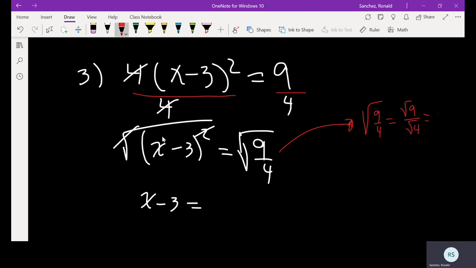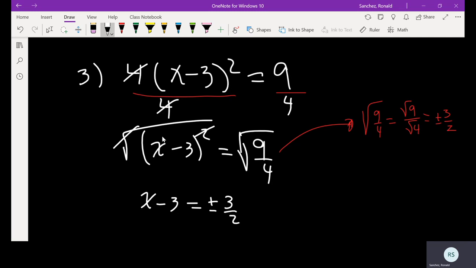The square root of 4 is plus or minus 2. So this is positive 3 divided by 2. So our answer here is, sorry, not positive 3 and negative 2. It's actually positive 3 halves and negative 3 halves. So let me just write this down. Positive 3 halves and negative 3 halves.